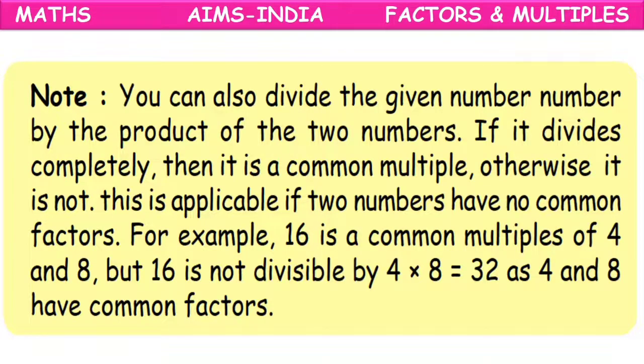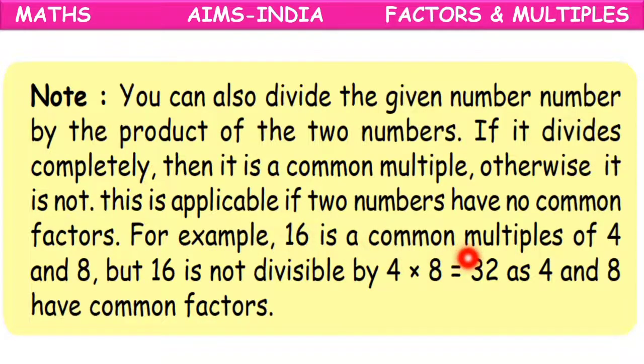Note, you can also divide the given number by the product of two numbers. If it divides completely, then it is a common multiple. Otherwise, it is not. This is applicable if two numbers have no common factors.